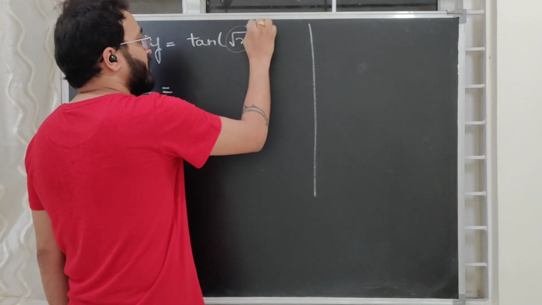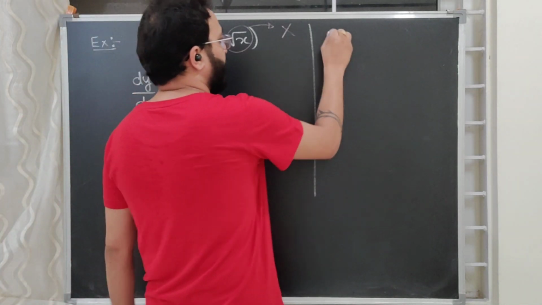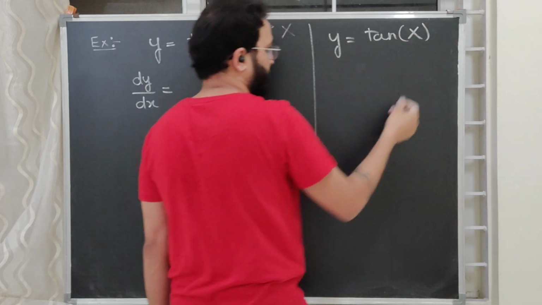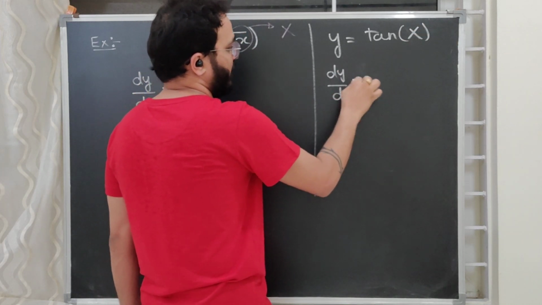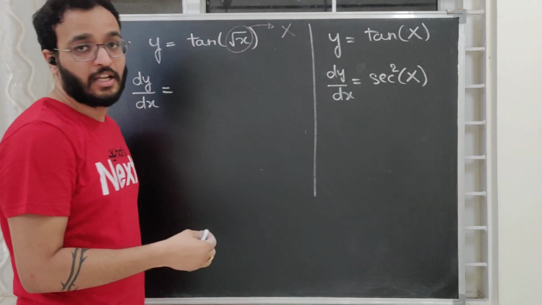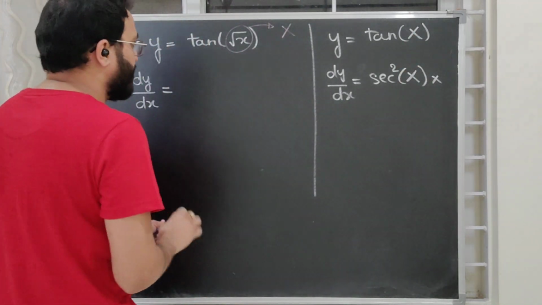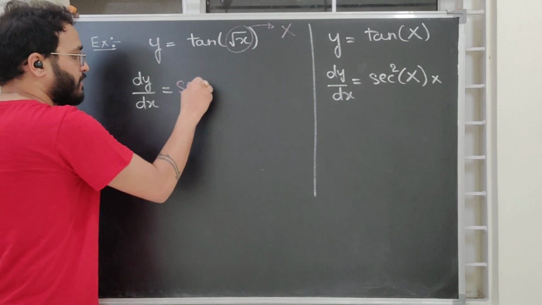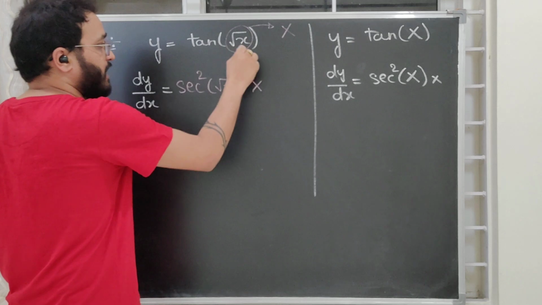You assume this to be root x only. So you say y is actually tan of x. Then when you differentiate this, the derivative of tan x is sec square x, into the differentiation of this also. So when you differentiate tan root x, it will become sec square root x multiplied by the derivative of root x.